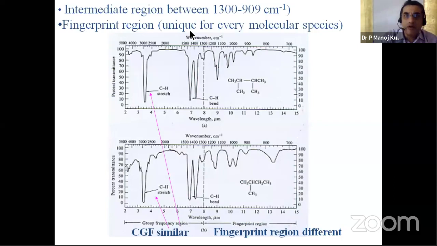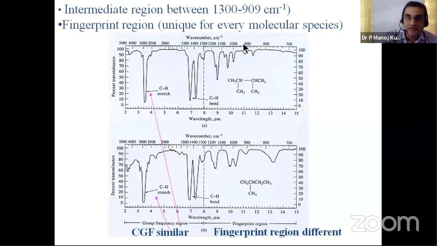You take any molecule, even a small change in the structure of the molecule will be reflected in this region of the spectrum, because it represents the skeletal vibrations of the molecule. So I'm repeating once again: you are taking a di-substituted alkane, you are taking a mono-substituted alkane. The region between 1300 to 4000 centimeter inverse in both the spectrums will look the same.